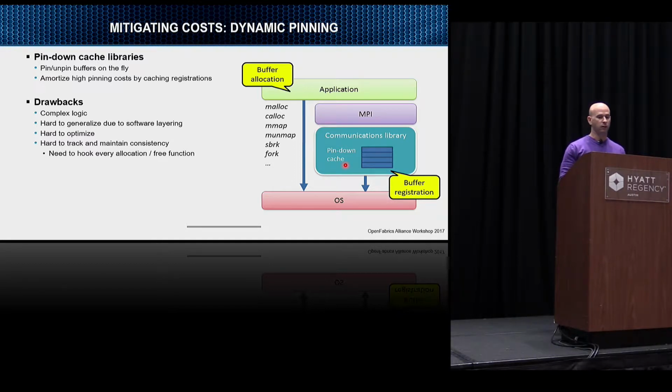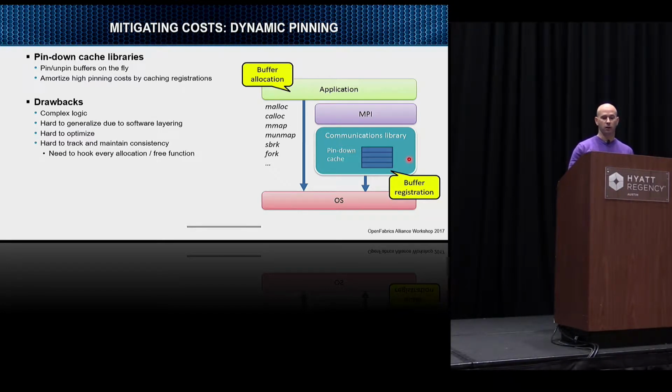And the problem here is, again, it's very hard because the allocation is done right up here. There could be multiple layers of libraries between the application allocations and this communication library that tries using a bunch of heuristics to guess how to get the pinning right.